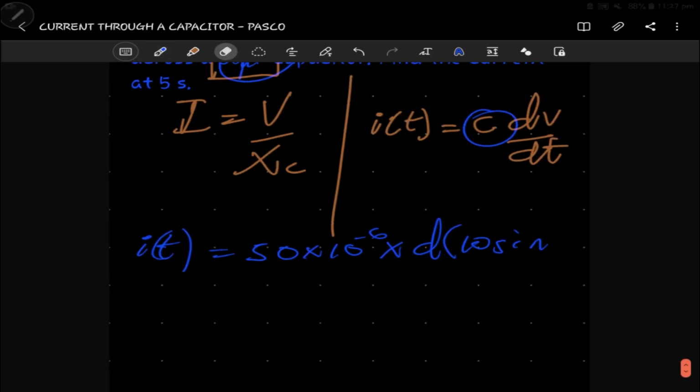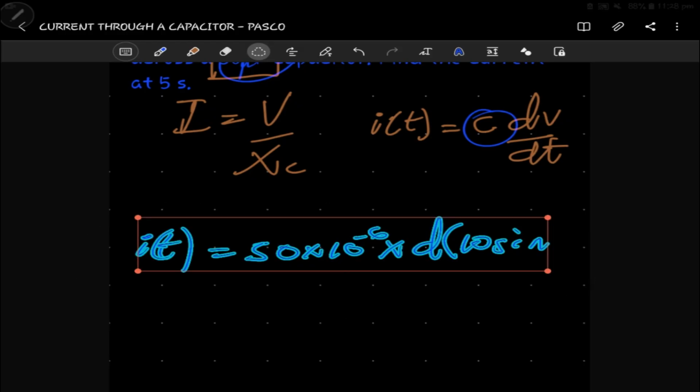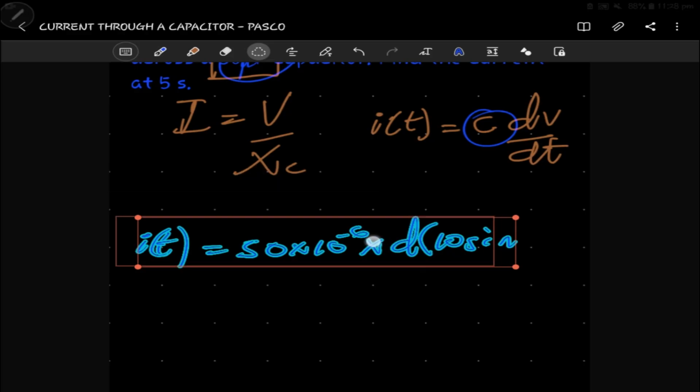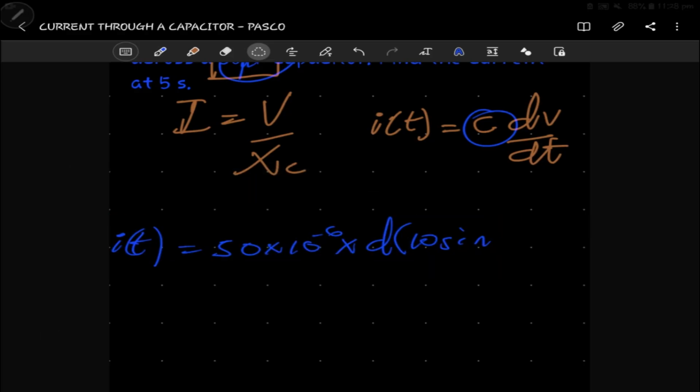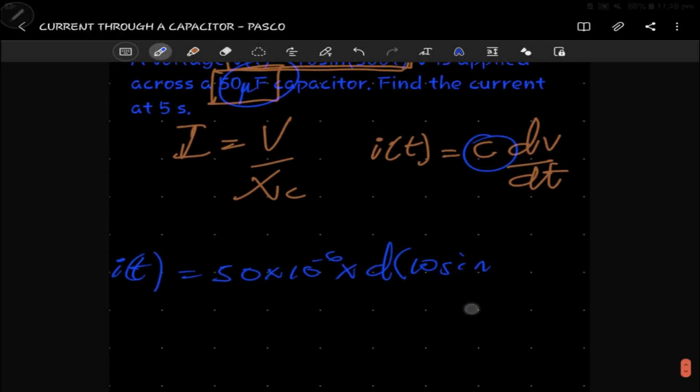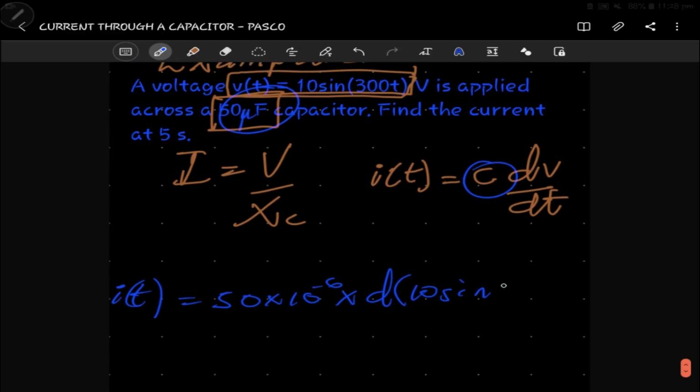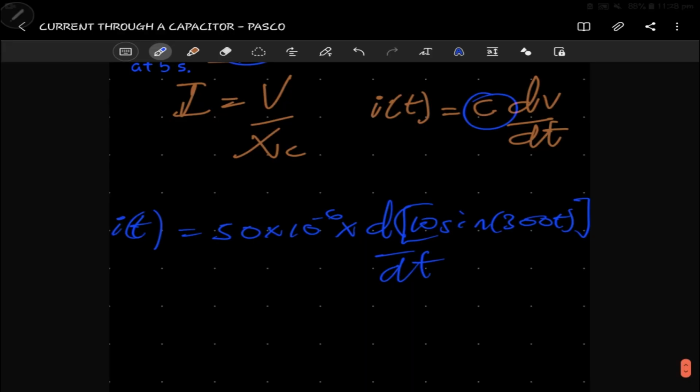Let's make this small so you can see what's happening. So this all will give us the current.